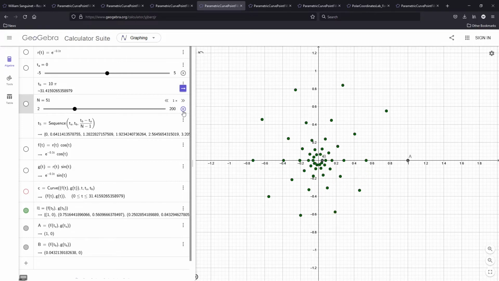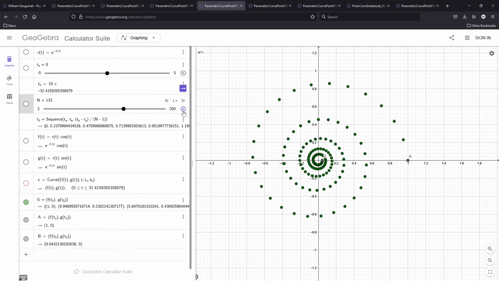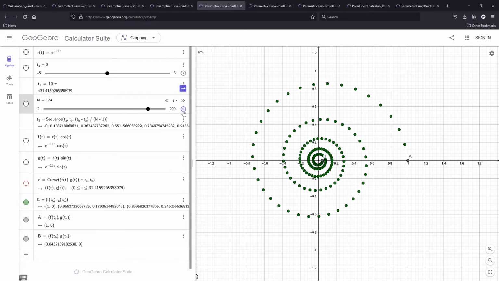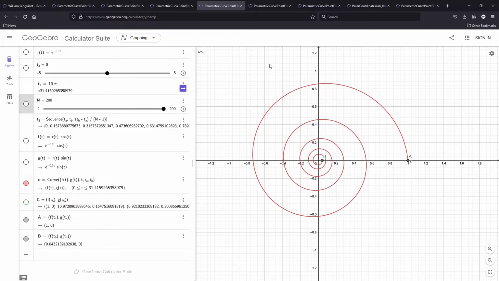But to really get an idea of what this curve is, you want to add a pretty large number of points, which is not feasible to do by hand. But this is 200 points plotted out. And I think you can very clearly see that what you're getting here with this curve is exactly this spiral that's moving inwards as theta increases.